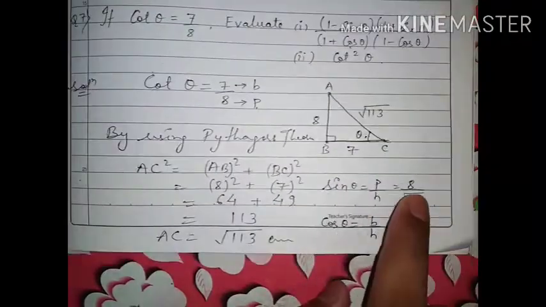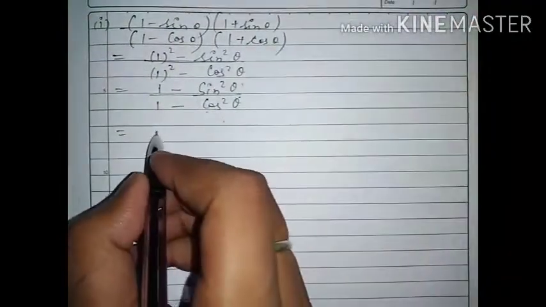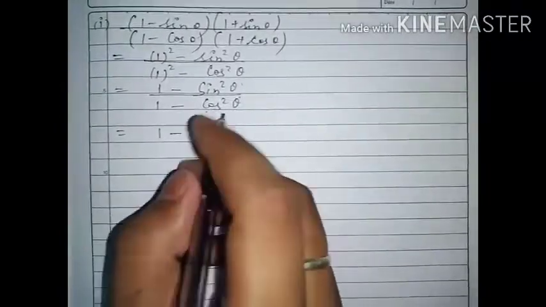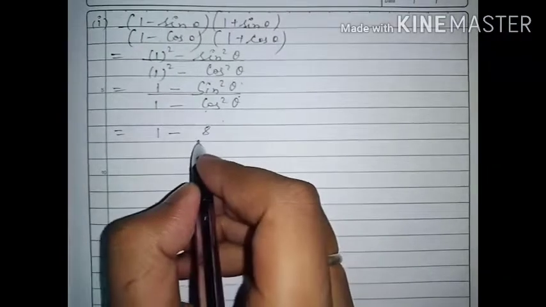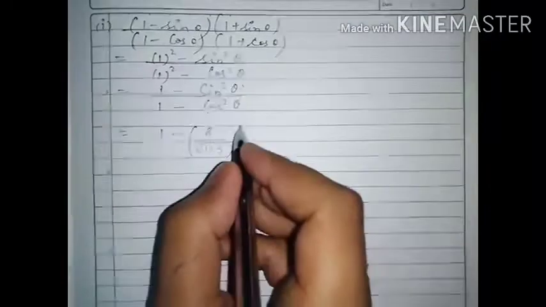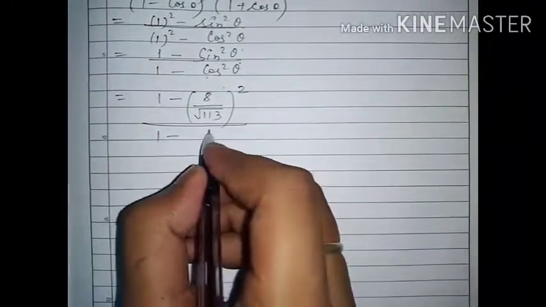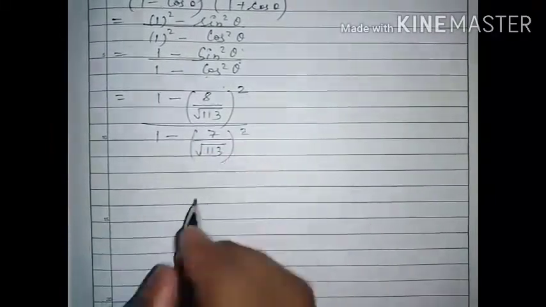So you have to put these two values in this part. So I can write 1 minus sin square theta, where the value of sin theta is 8 by root under 113, whole square, by 1 minus 7 by root under 113, whole square.